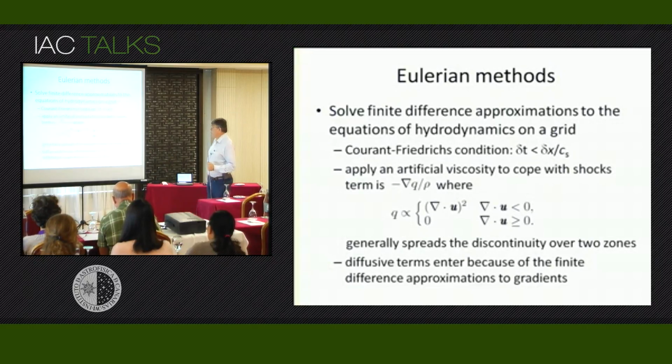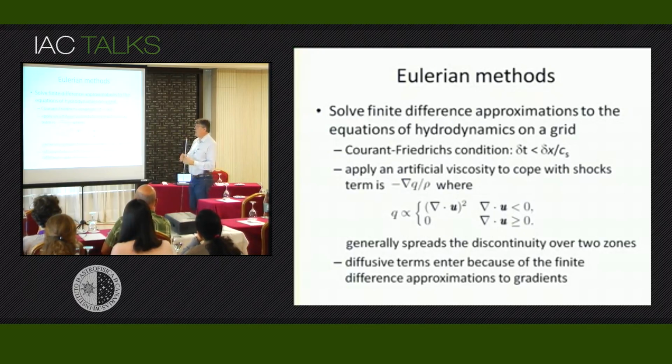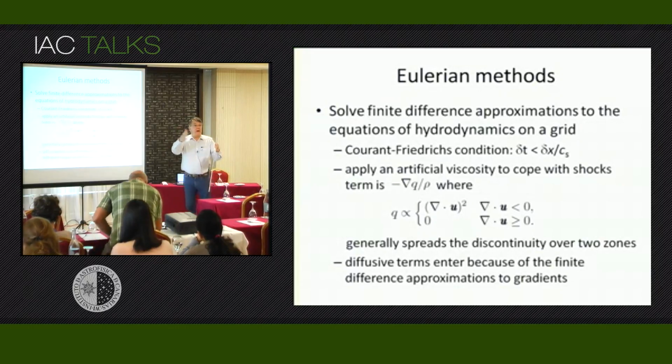And when you do that, the shock is spread over a couple of your zones, so that you get the velocity on one side and the velocity on the other side, and it takes a couple of zones to join from one to the other smoothly. You should also know that although there is no dissipation or diffusive terms in the equations that you were solving, once you've applied these finite difference operators, you actually introduce some of those.